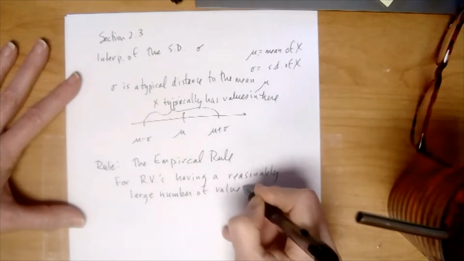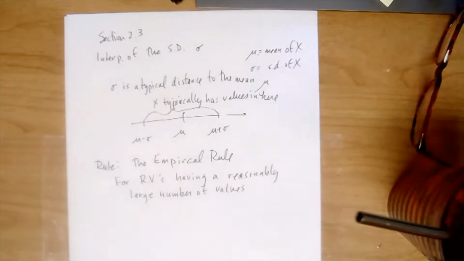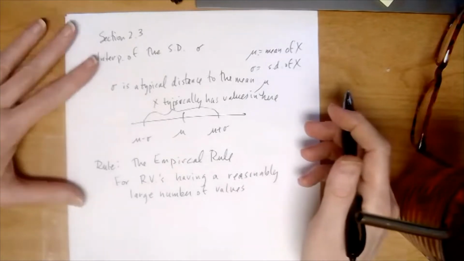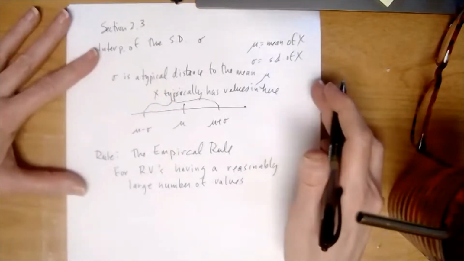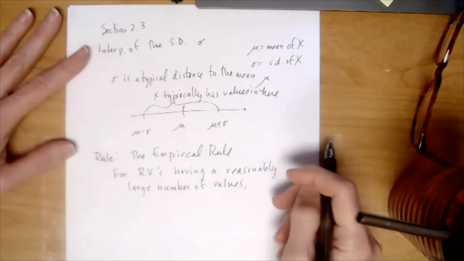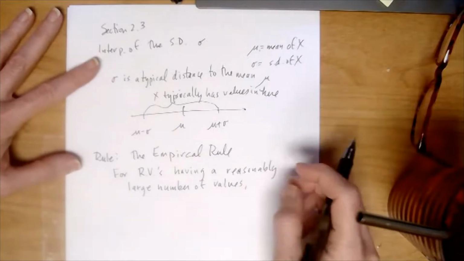Right, so if x has values from 0 to 10 or 0 to 100, the 5 maybe is not enough, all right? But so for random variables having a reasonably large number of values, all right, these two things are true.